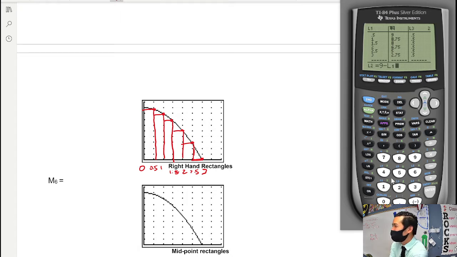We're so used to typing in x because the function is 9 minus x squared, but you have to tell the calculator where you're getting your x values from. And we're getting the x values from L1. L1 squared, press enter and it updates it for all of them. Anita, does it make sense now why my line down here is flat? Yeah, because it has a height of 0 there.